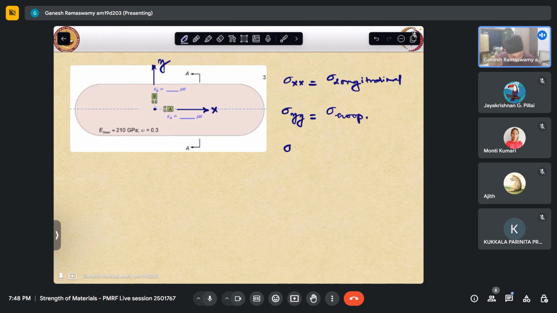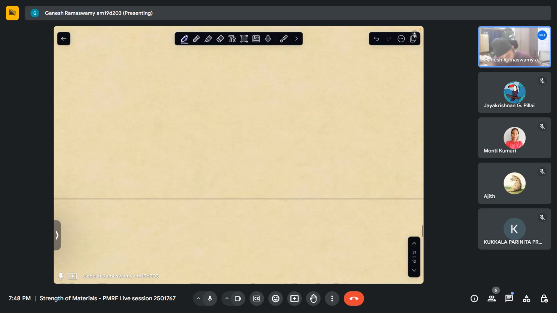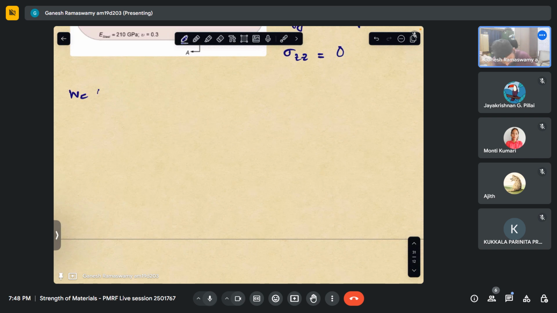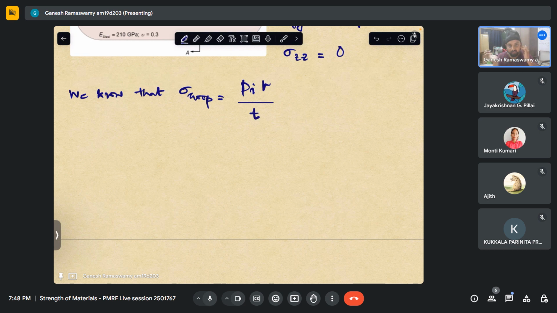So we already know what the principal stresses are. We know that sigma hoop is nothing but P r by t, where r is the mean radius of the pressure vessel and t is the thickness of the sheet being used.